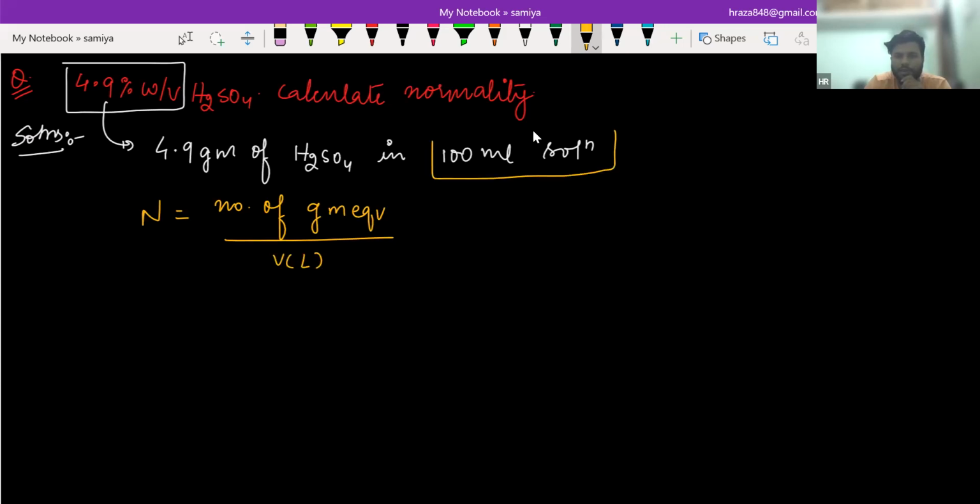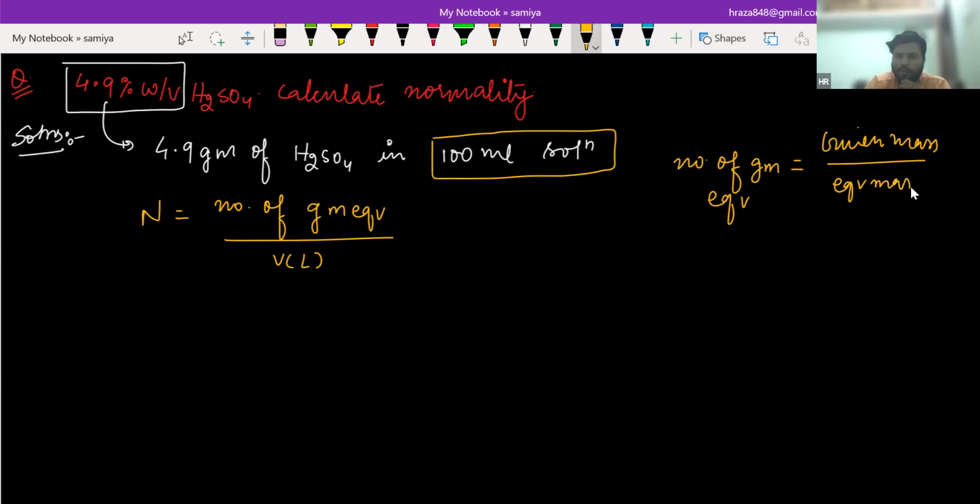Now the volume of solution is given and we can easily convert it into liter. But the problem is how to calculate number of gram equivalent. Number of gram equivalent also has a formula: given mass upon equivalent mass. Given mass is 4.9 gram of H2SO4 upon equivalent mass.